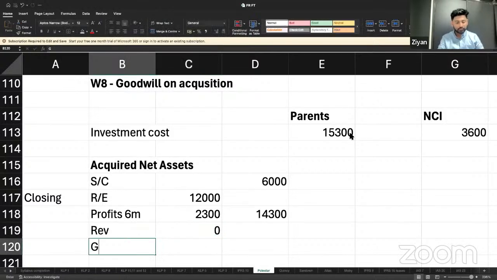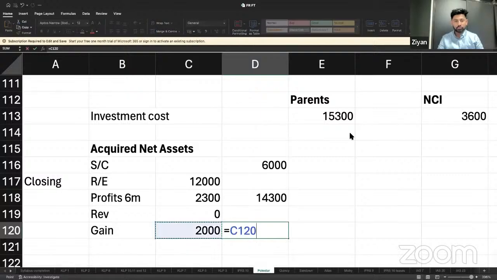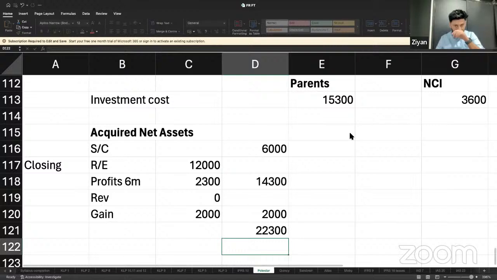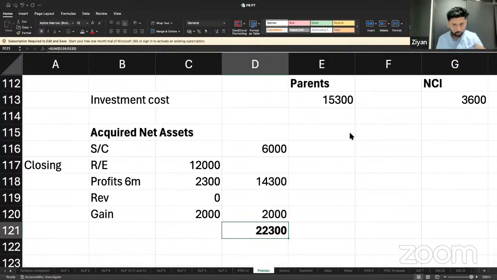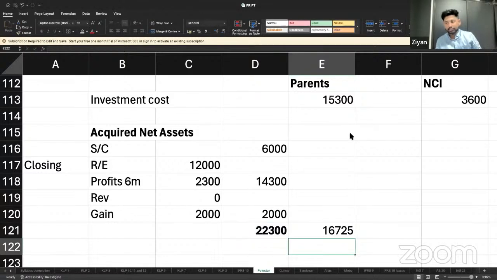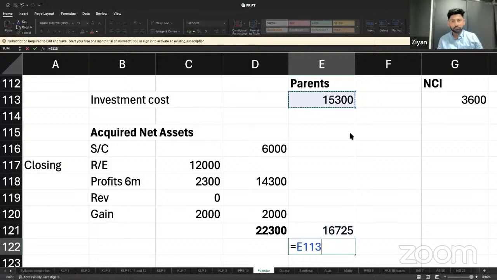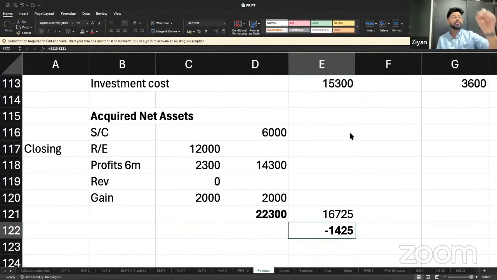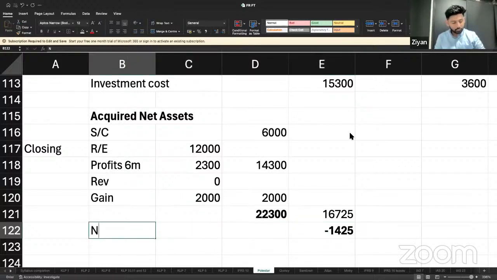And then there was a gain of 2,000. My total is going to be 22,300 into how many percent? 75%, 16,725. Therefore, 15,300 minus 16,725 gives 1,425 negative goodwill.